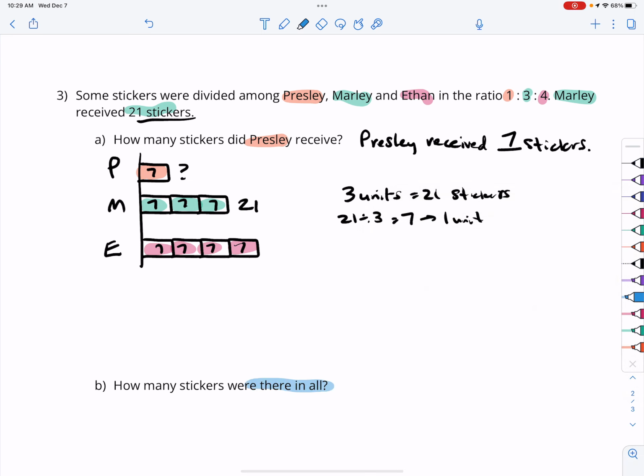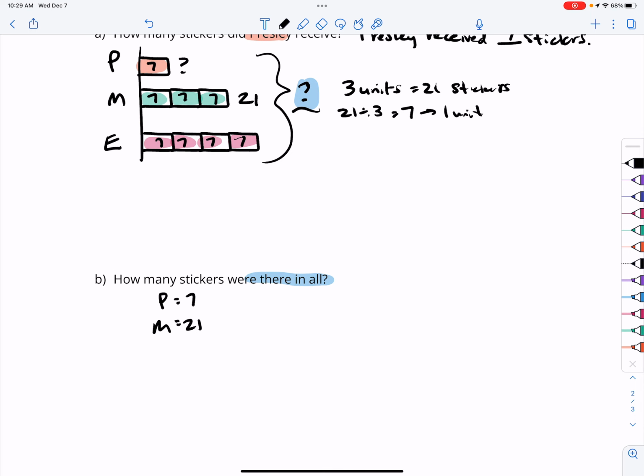So this is a question about the total. So we want to know that bit there as our blue piece. So if we know that Presley received 7, Marley received 21, and then Ethan, he received 4 groups of 7, or 28. So here's 28, here's 7.